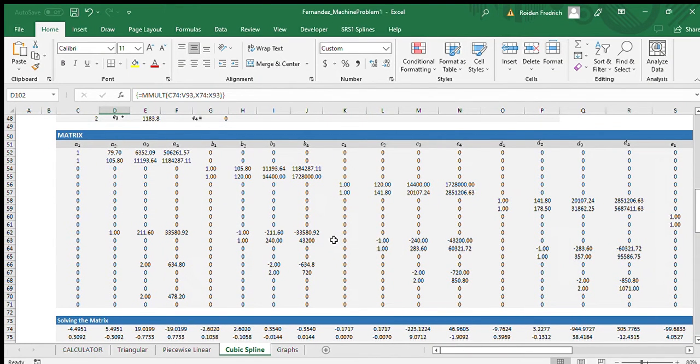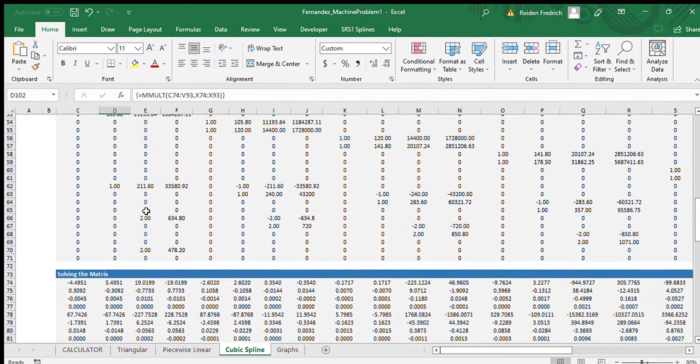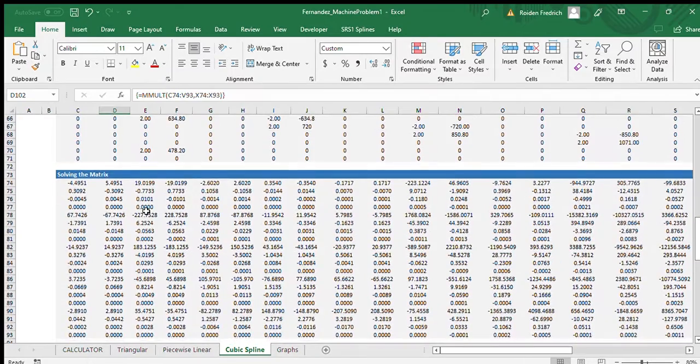But the question is, how can we solve for the 20 unknowns using the matrix? With this, we'll use the MINVERSE function that returns the inverse matrix for a matrix stored in an array.